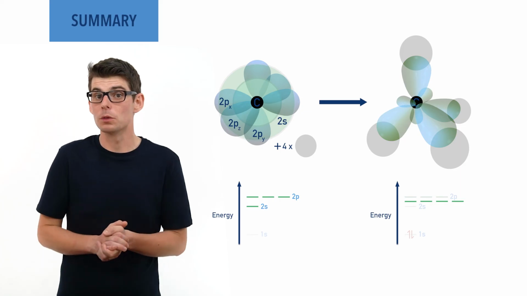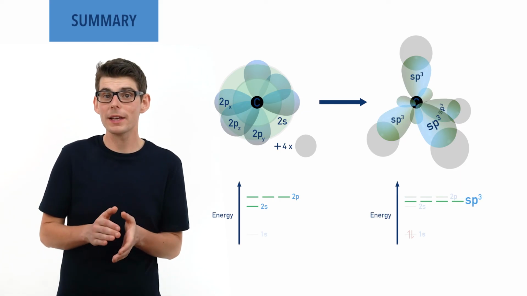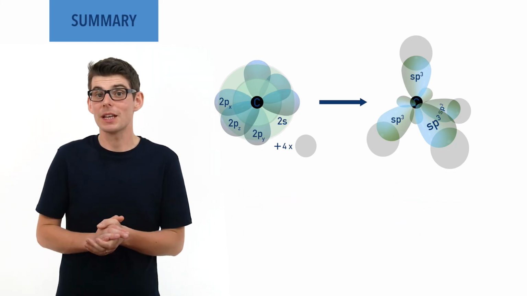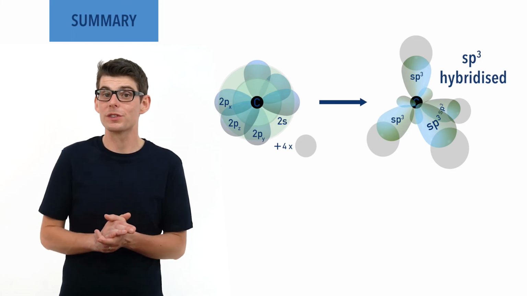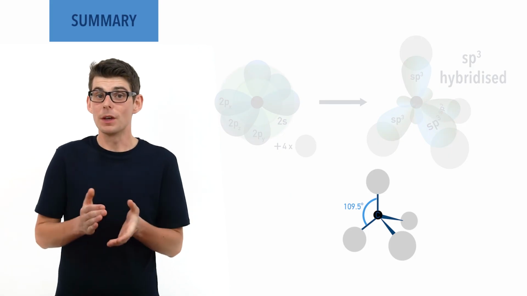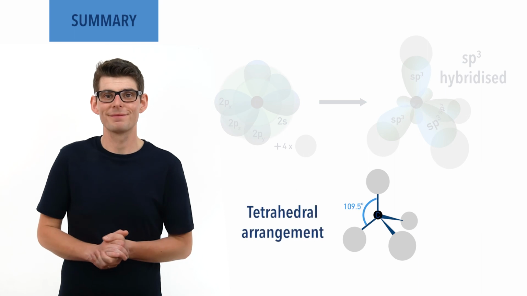The hybrid orbitals formed are described as sp3, as they are made from one s orbital and 3 p orbitals. The carbon is termed sp3 hybridized, and the bond angle between all 4 sigma bonds is 109.5 degrees. The arrangement of bonded atoms around the central carbon is tetrahedral.